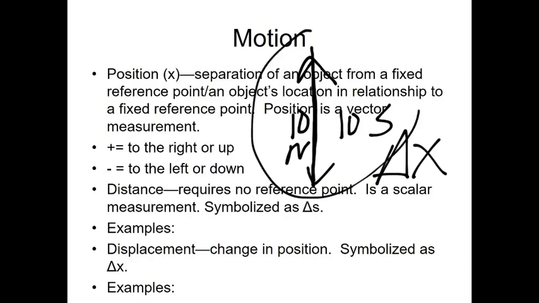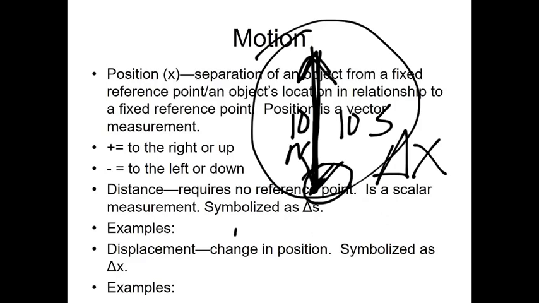So if we go back to this example and we ask for what's the displacement of this object, well, it started out right here. It went 10 meters to the north, turned around, came 10 meters back to the south. At the end of the problem, it's in the same place that it started. That means even though it traveled a distance of 20 meters, its displacement is 0.